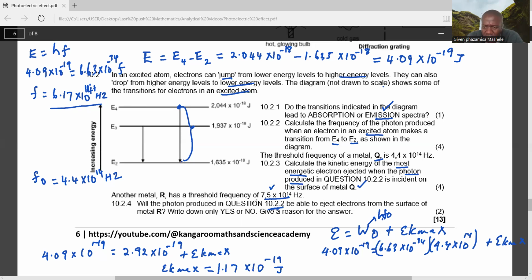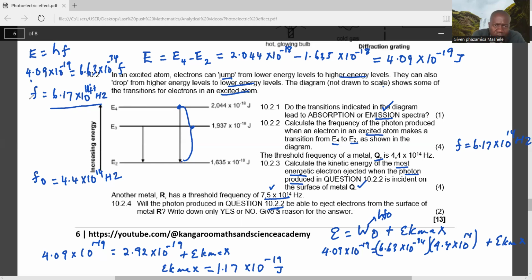Write down yes or no. Let's check. What is the frequency that is produced in 10.2? It's 6.17 times 10 to the power 14 hertz.